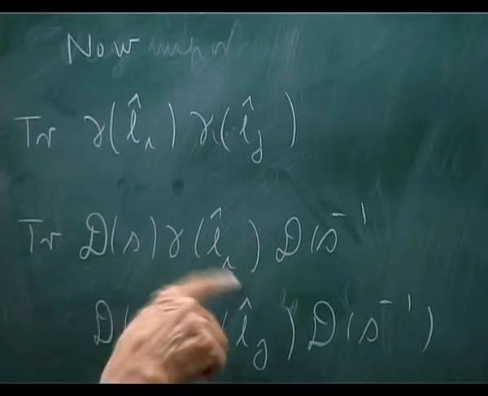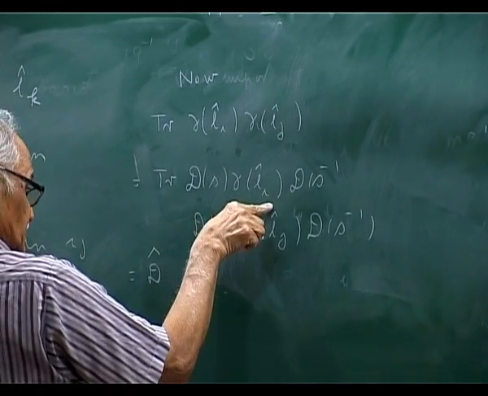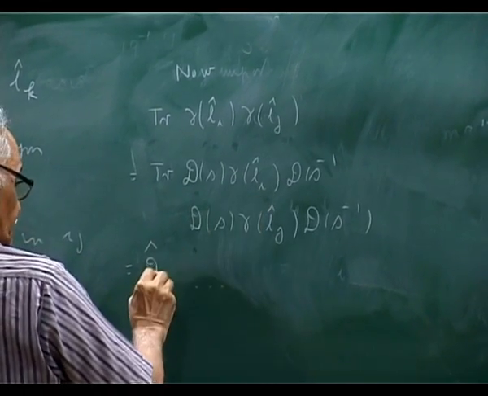But then conjugating it will be the matrix of d hat in this special basis. So it will be what?